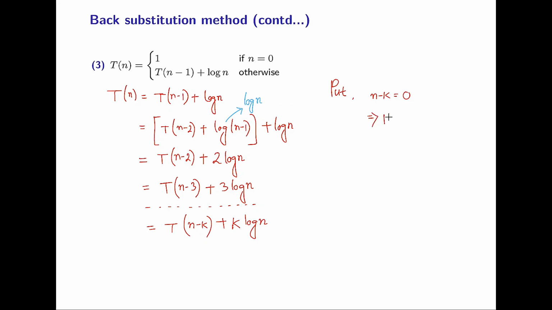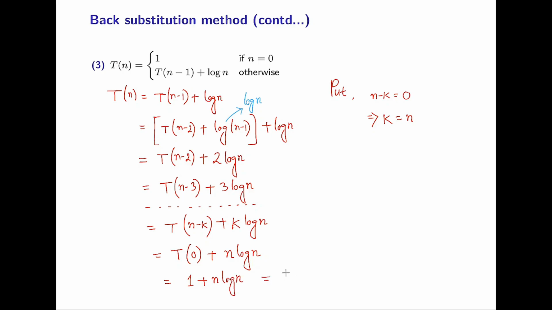K we do not know, so k will be equal to n. So in place of T(n minus k), we will write T0 plus, what is k? k is n. So n log n. Now what is T0? T0 is nothing but 1, base condition, right? So 1 plus n log n.